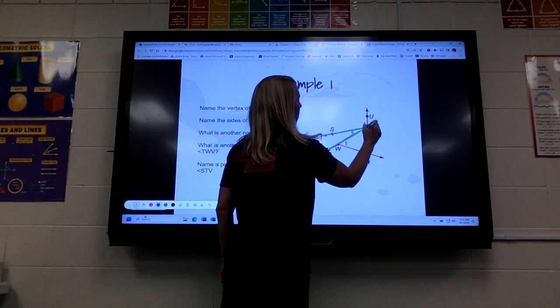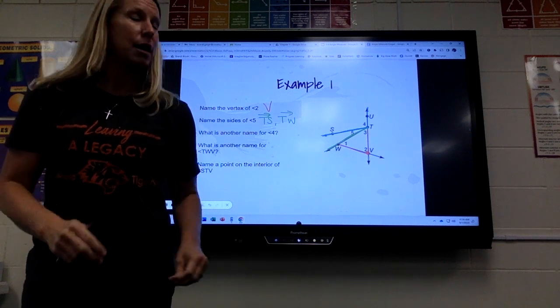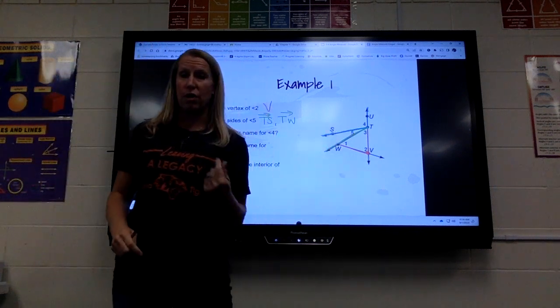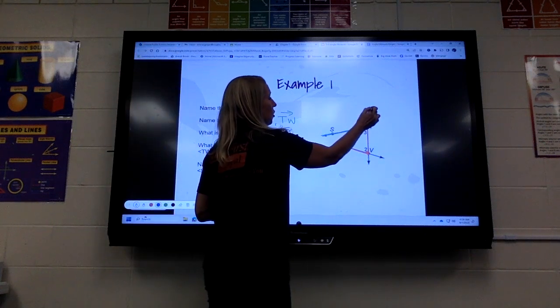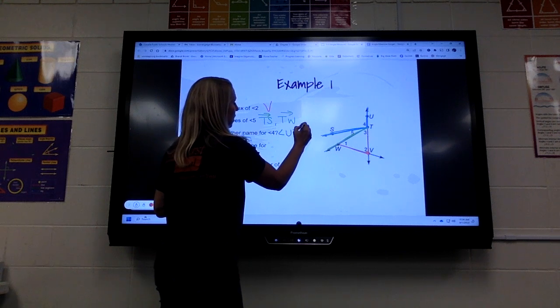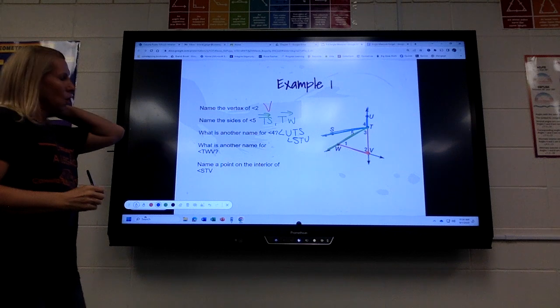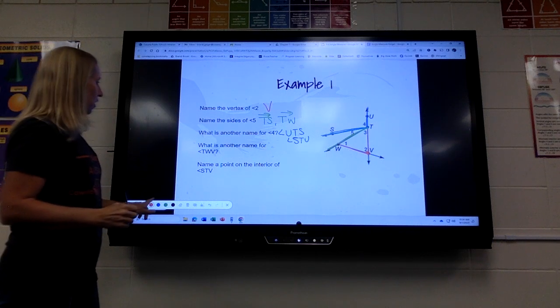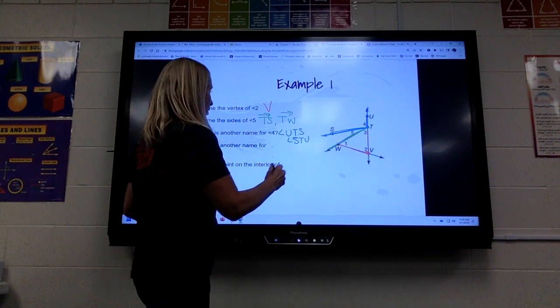Here's angle 4. I could not just say angle T because T is connected to other angles, so I would have to name it with 3 letters. So I could say UTS or STU. What is another name for angle TWV?